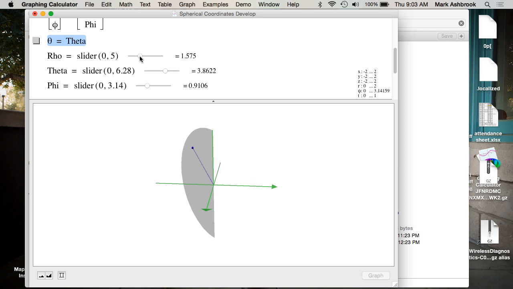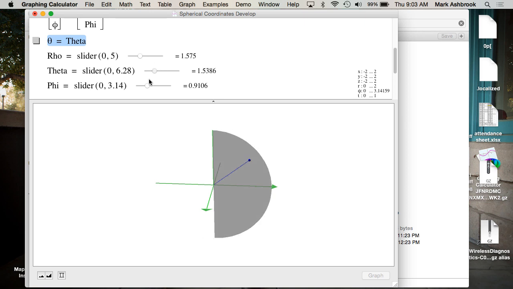And then we have the same angle theta, the angle swept counterclockwise from positive x, the same trig angle we've always talked about.